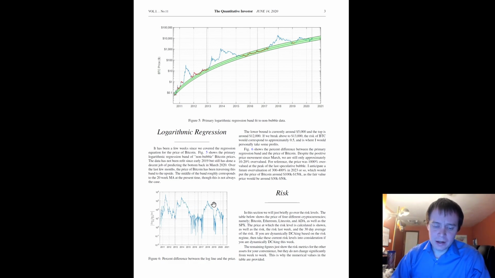And remember, our current level, while we've been going up for several months, we're only around 10 to 20% overvalued compared to our fair value price. For reference, the overvaluation in 2017 was around 1,000%, and currently we're between 10 to 20%.